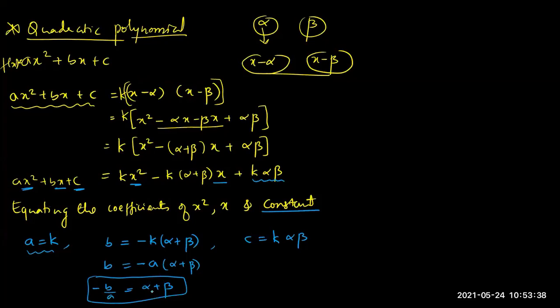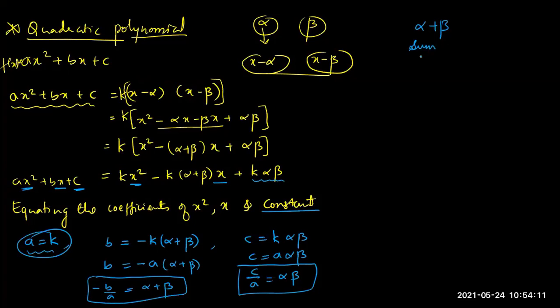Now for quadratic, it becomes alpha plus beta equal to minus b by a. And similarly, c is equal to k, meaning a alpha beta, so c by a is equal to alpha beta. So this is another relation. These two are important relationships between zeros and coefficients of the polynomial. Now alpha plus beta means the sum of zeros.